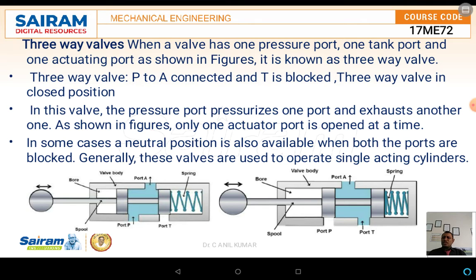Once the same pressurization is actuated, the spool starts moving from left to right. Then automatically it opens to the T port as well as the A port. As it opens to the T port and the A port, the fluid starts flowing in a reverse direction, especially in the case of hydraulics.